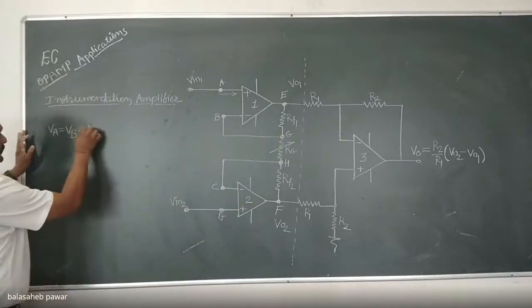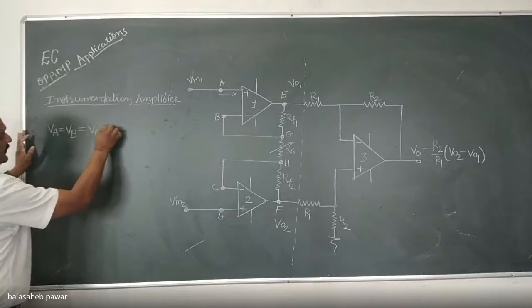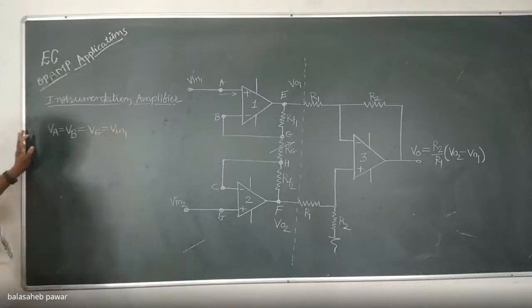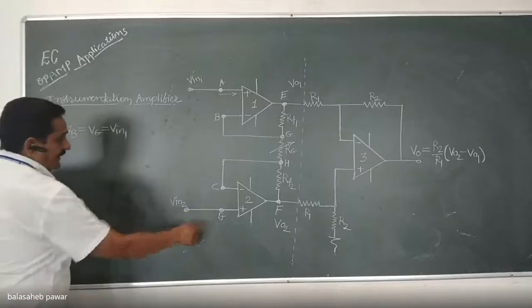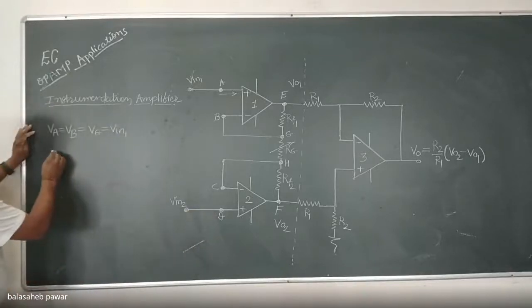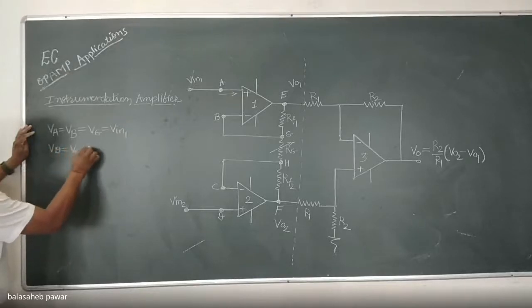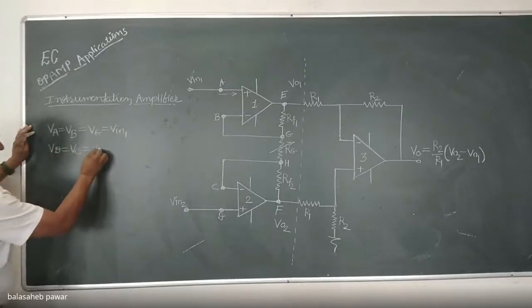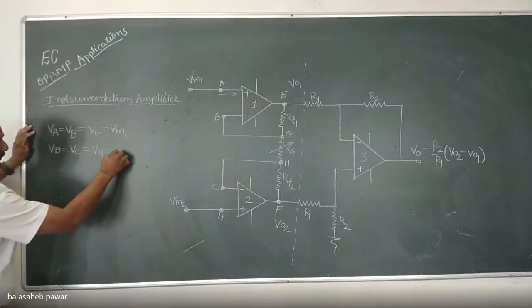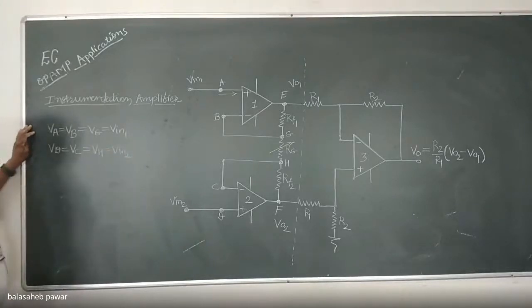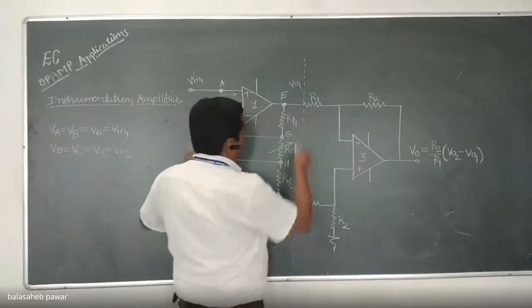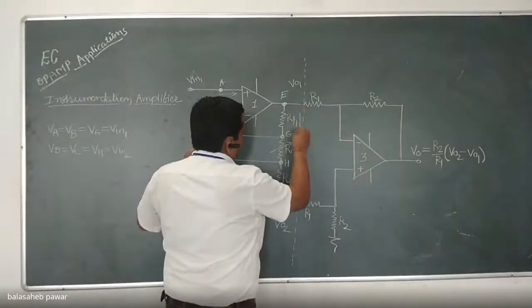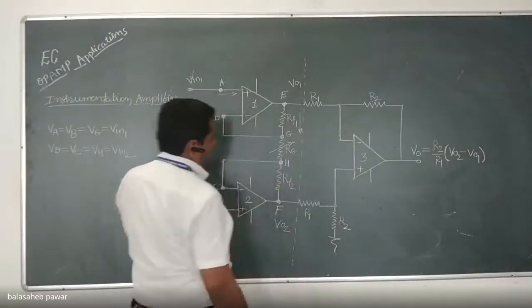VB is the voltage at node G, that is VG, and that will be equal to Vin1. Similarly, the voltage at node D, that is VD, equals the voltage at node C, which equals the voltage at node H, and that is equal to Vin2. That is by the virtual ground concept.